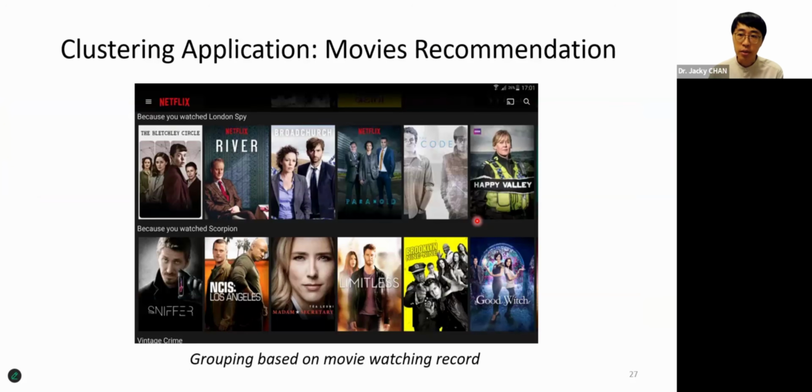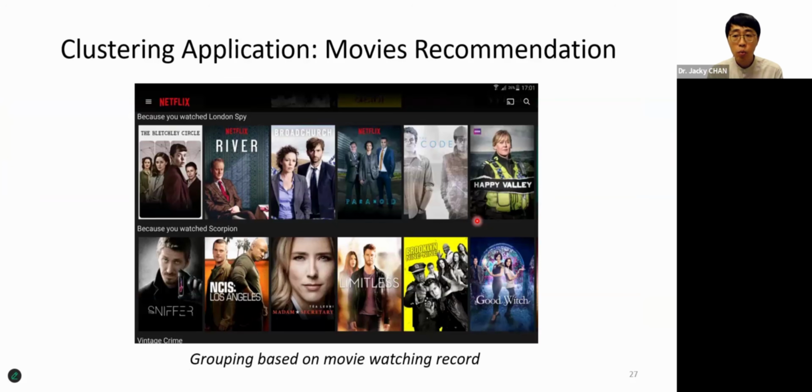Another example is movie recommendations. I think we know Netflix. Netflix has a database with the history of all the users. Based on what they watch, the users who watch similar types of movies can be grouped together.